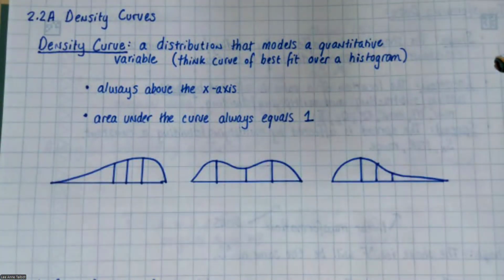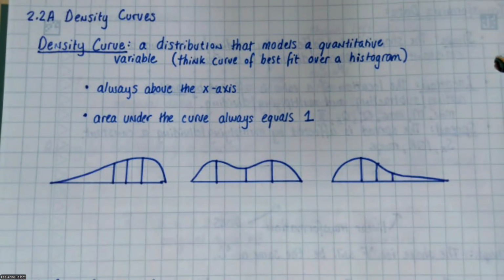Again, it's going to sound like calculus. It's not, I promise. We're not going to be calculating areas under the curve that are not this particular shape. But when we say equals 1, it means that there's percentages. So if you would shade in the whole thing, you would shade in 100%.